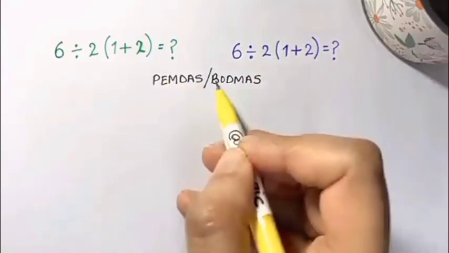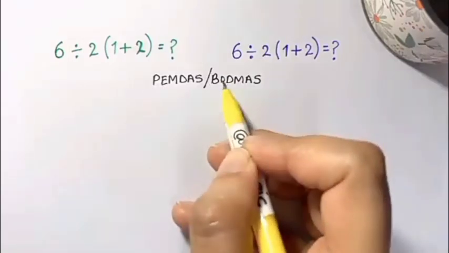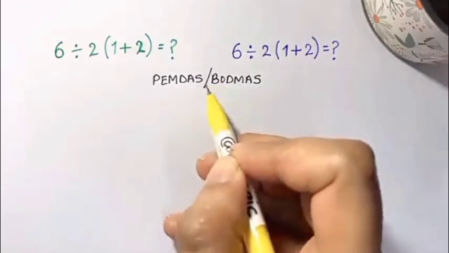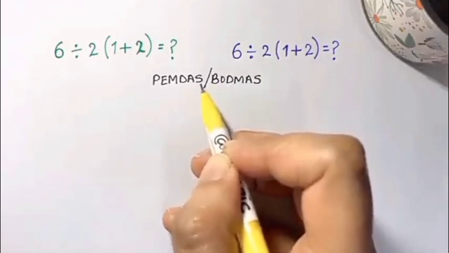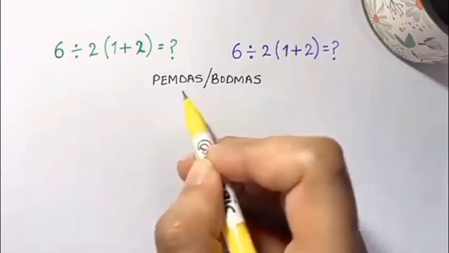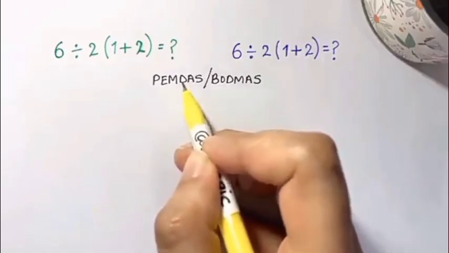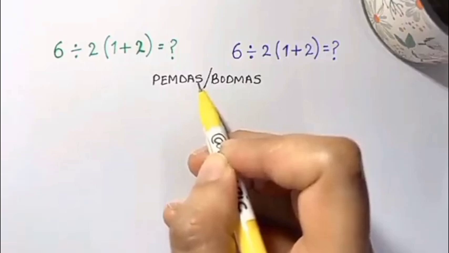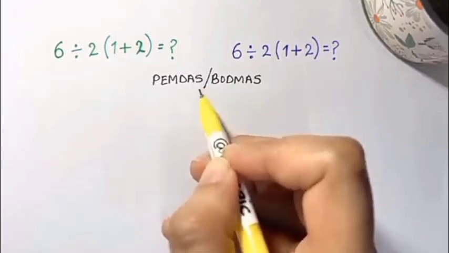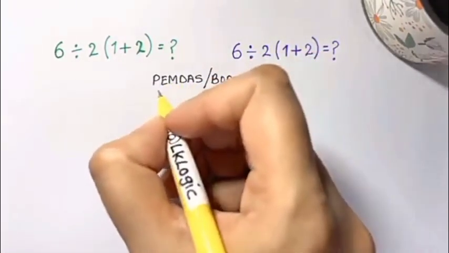So parentheses and brackets are same, exponents or orders, multiplications, divisions, and additions or subtractions. If there are two operations of the same precedence, like multiplication, division, or addition, subtractions, then you have to evaluate them from left to right.